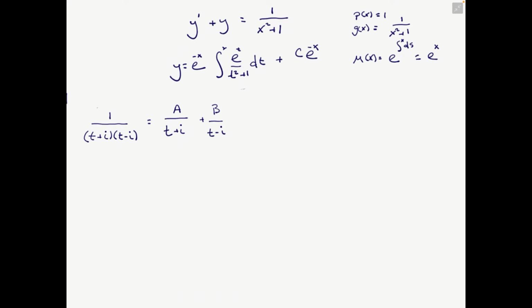Now we multiply through by the denominator on the left side, and so we have 1 is equal to a times t minus i plus b times t plus i.